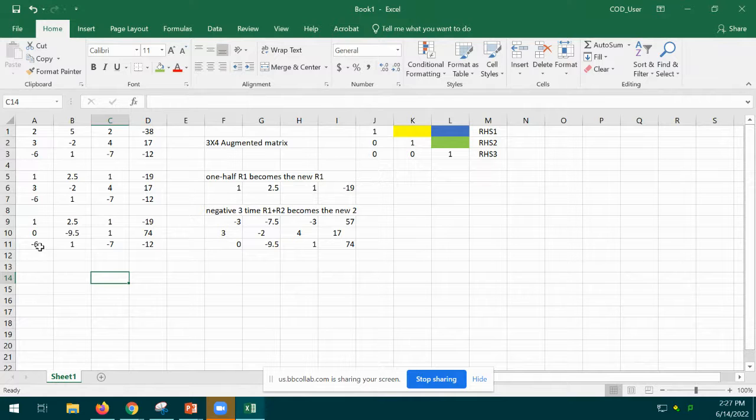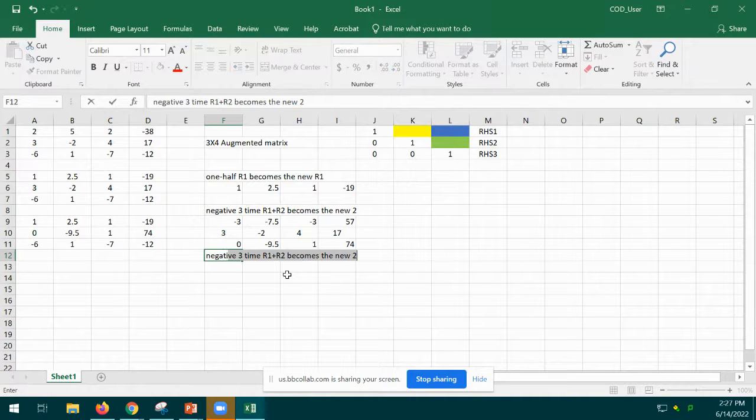So that is good. Now I want to get a 0 here. And since I want to get a 0 there, this is going to be the row operation that I am doing. It will be right here. And so what I'm going to say is -6. You see, you don't even have to worry about typing all this stuff.